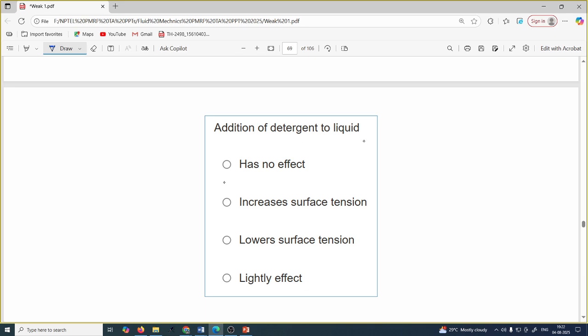Addition of detergent in liquid: has no effect, increases surface tension, lowers surface tension, or slight effect.